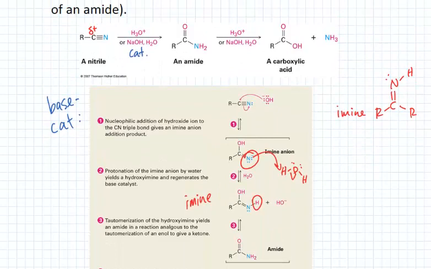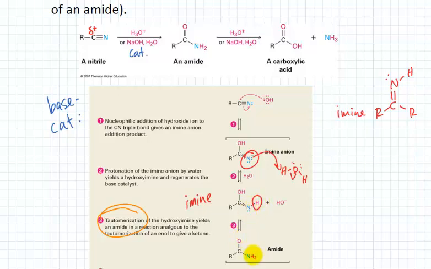What happens here? We went straight from an imine to an amide, C double bond O NH2. Yikes, it looks like a lot of stuff happens there, but it's really not that bad because this is a word that should be familiar to us, tautomerization, a word we probably haven't seen since last semester. But essentially what's happening here, it's a proton transfer. Take a look at this H right here, which is gone in the amide.